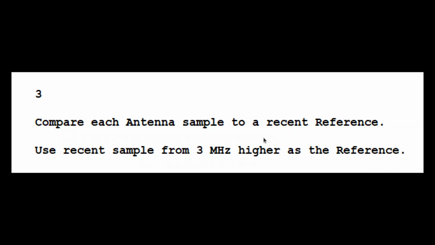That recent reference should be from looking at the sky, same antenna, but way higher than where we expect any hydrogen. Let's look way up, 3 megahertz higher than the center frequency was before, and use that as a reference. So many references, looking at a place where there should be no hydrogen.